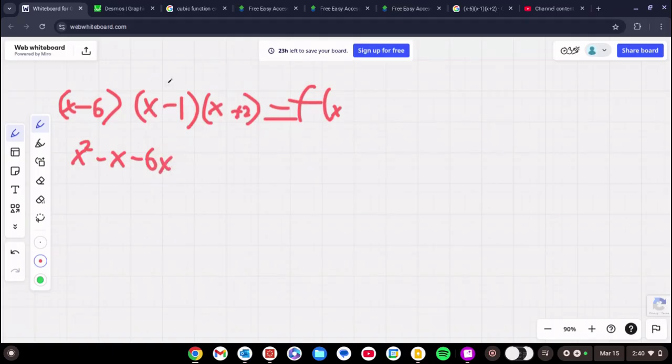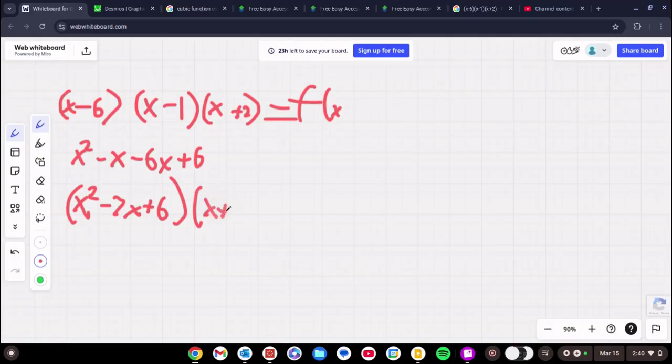Minus 6 times minus 1 equals positive 6. And we can simplify this to equal x squared minus 7x plus 6. So now we have this term, and we have x squared.